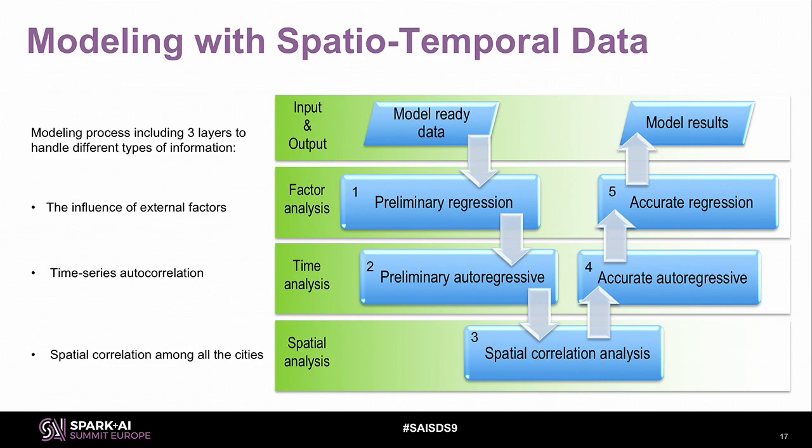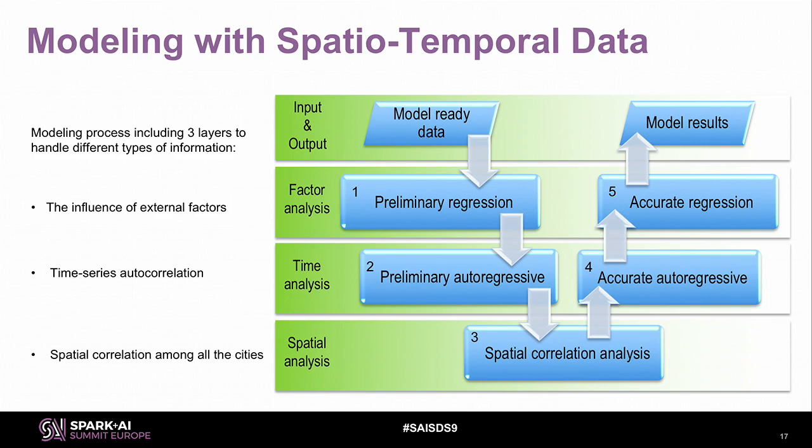The third layer, the time analysis, handles the time dependence, giving a first estimation in step 2 and then a refinement in step 4. Here we use an AR model, an auto-regressive model, which is built based on the regression residues and shows how the values are influenced by previous values.